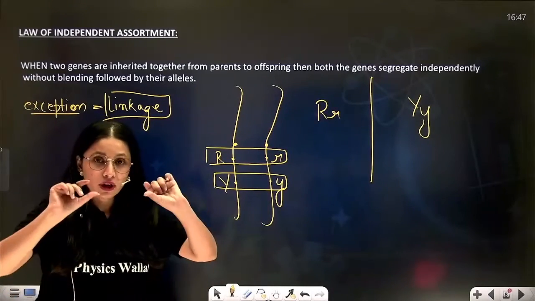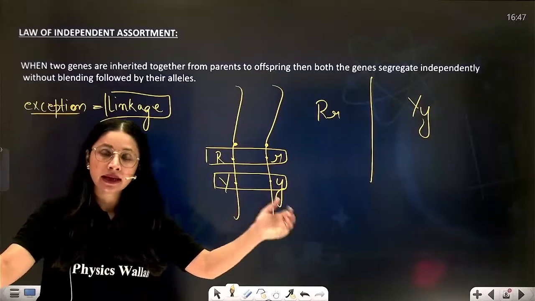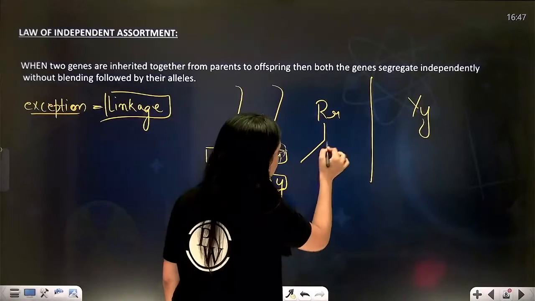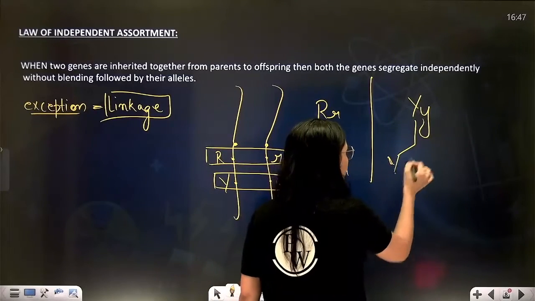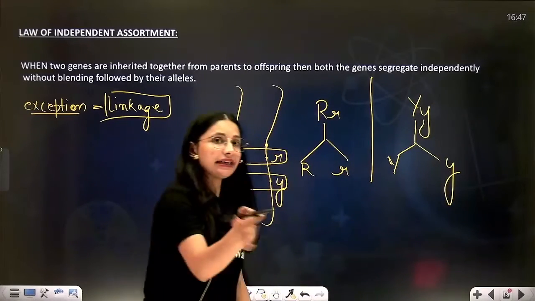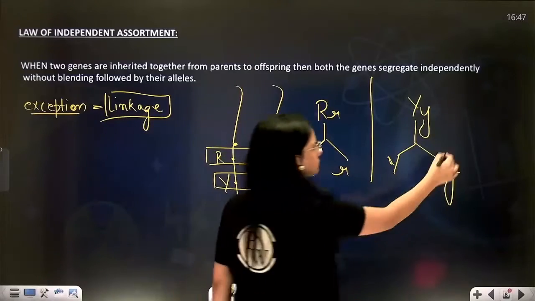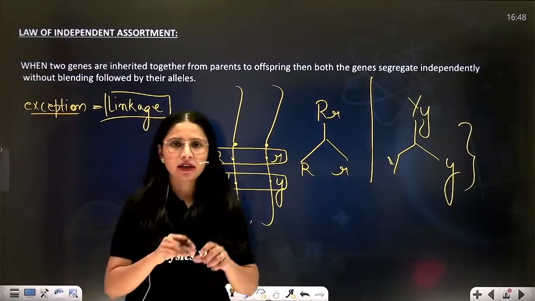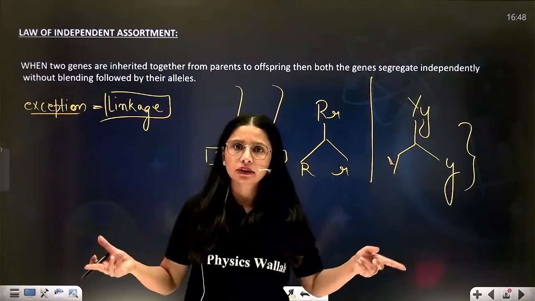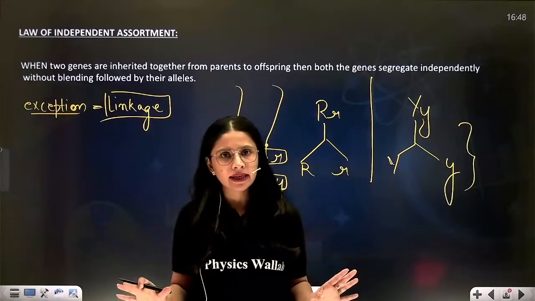Correct? First of all, there will be separation of genes, and then in the next step, their alleles are also going to separate without any blending. Okay. This portion is okay. This is the law of segregation, that when a gene segregates, both its alleles separate independently.